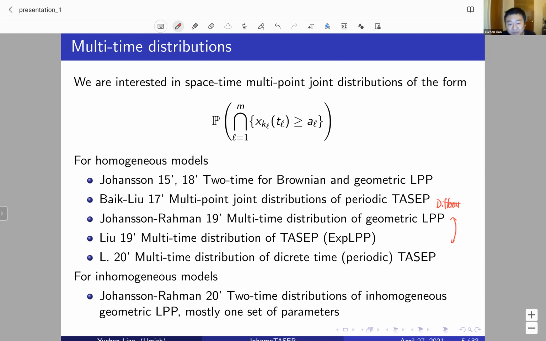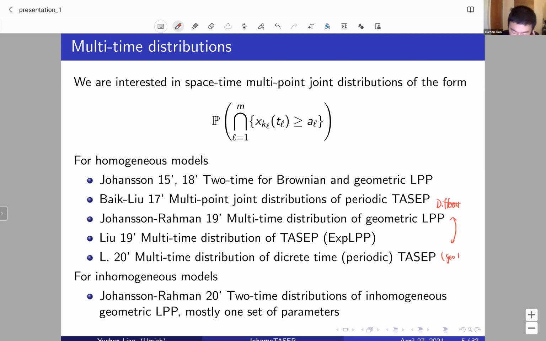I have some previous work following the route of Baik and Liu, first studying some periodic model, and there I studied some discrete time TASEP, periodic discrete time TASEP, and then from there one can obtain some formula for the multi-time distribution of geometric last passage percolation.